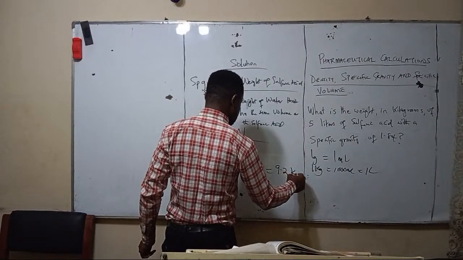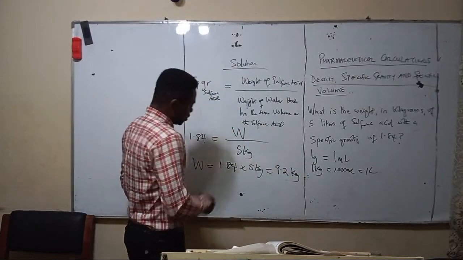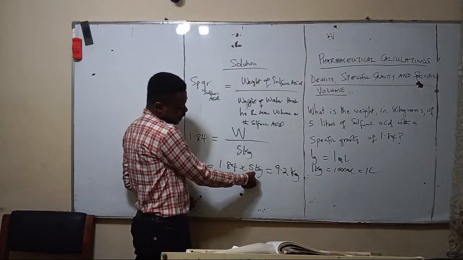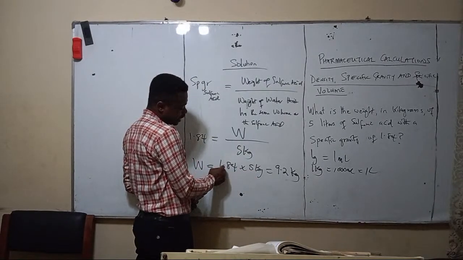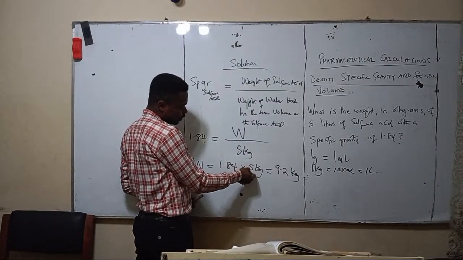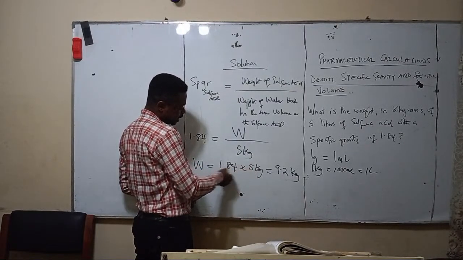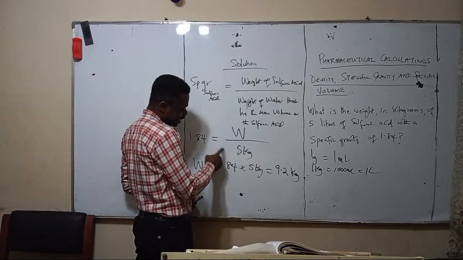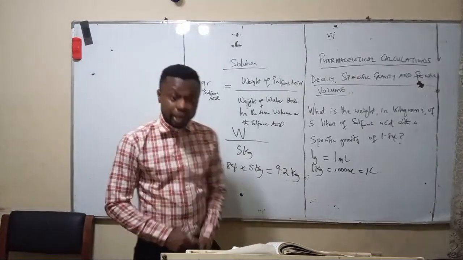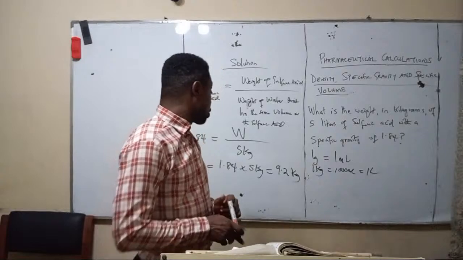Because if you multiply by 10, the decimal point moves, and we get 18.4. Half of 10 is 5, so dividing by 2, the answer is 9.2 kilograms.